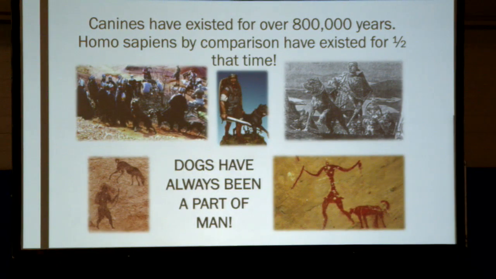So, canines have existed for over 800,000 years. We, or humans, have only existed for half of that. So humans didn't pick the canines. The canines picked the humans to be a source of what they wanted.